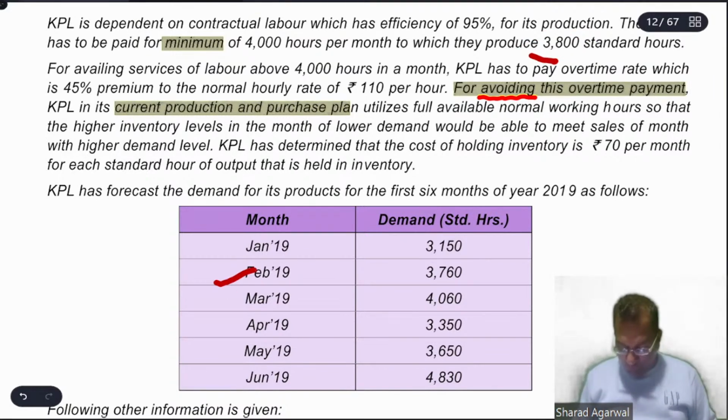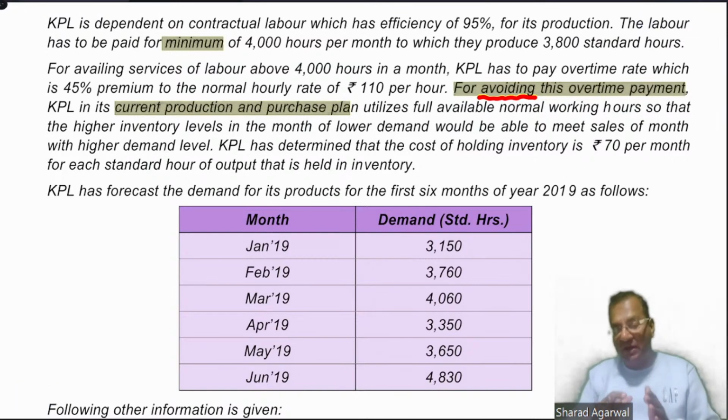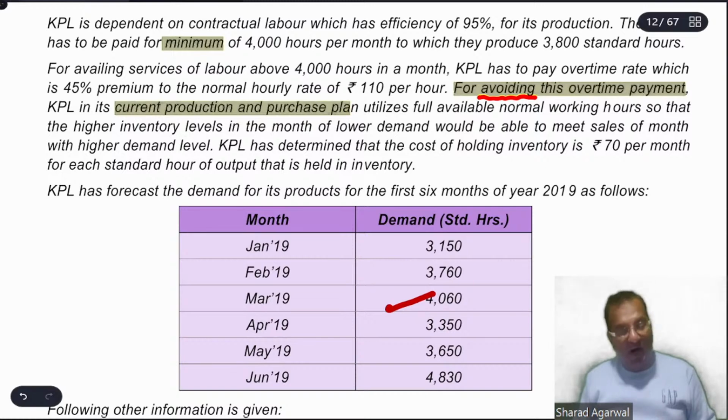In the month of February, we have a demand of 3,760, but we will utilize the full available normal working hours, 3,800. The excess production of January and February will be utilized in the month of March, because in the month of March we will avoid overtime working.